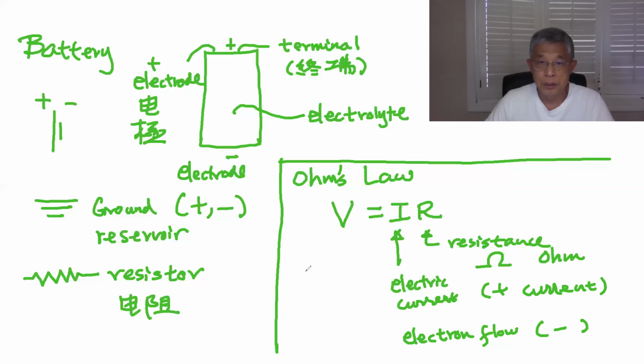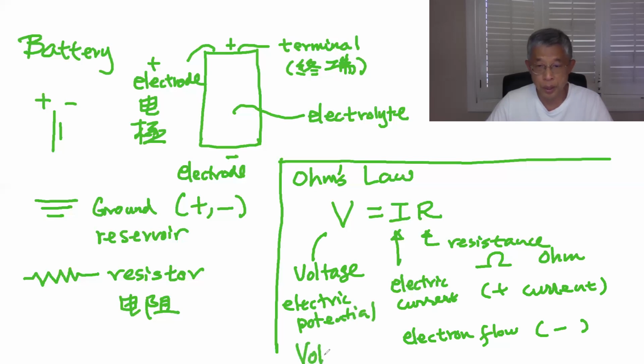And this is the voltage. So this is the electric potential that we talked about in an earlier chapter. Electric potential. So the unit is volts, V-O-L-T-S, okay?